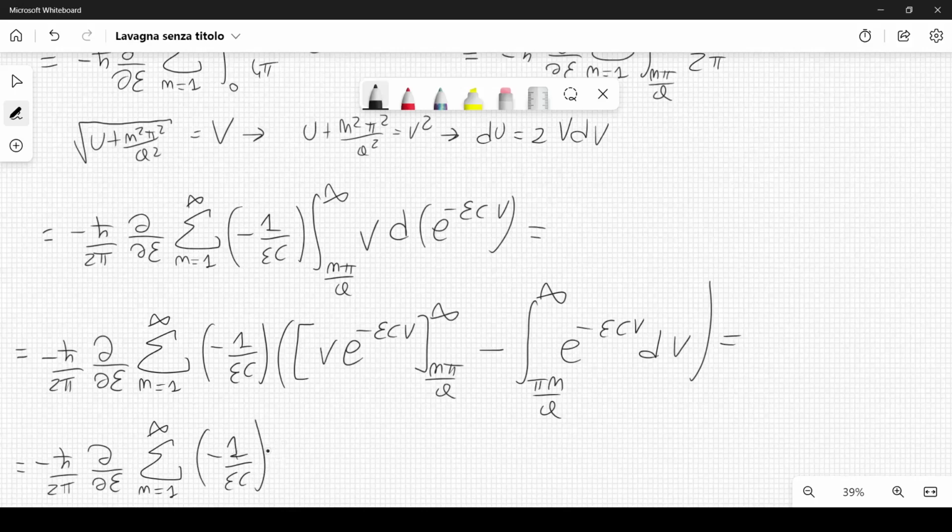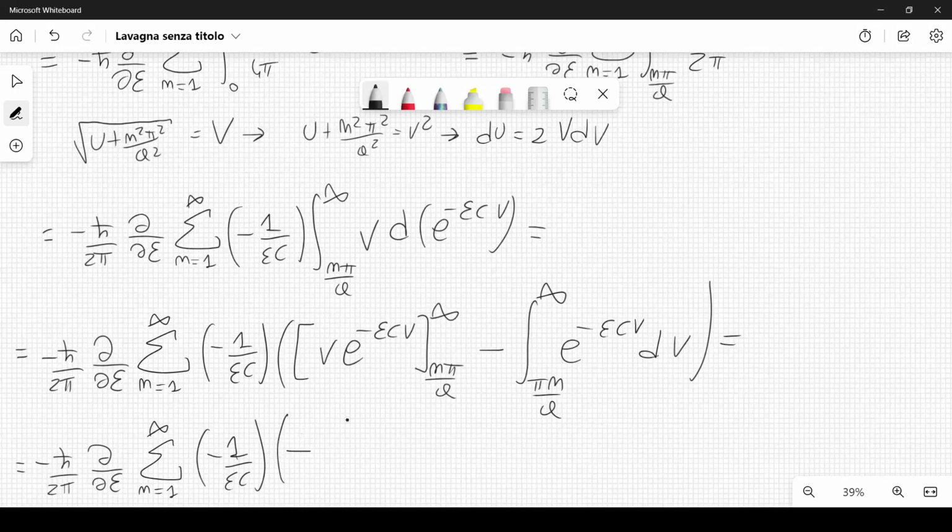And then, when you evaluate this at plus infinity, this will decay due to the presence of this decaying exponential. So you will only have to evaluate it at this other value.